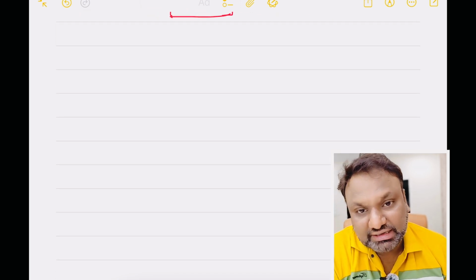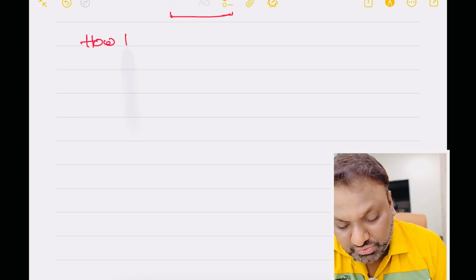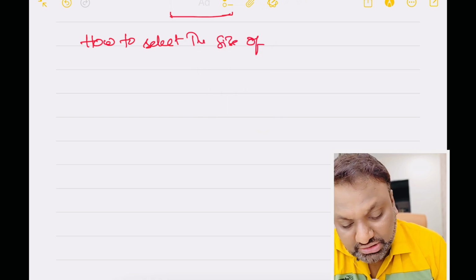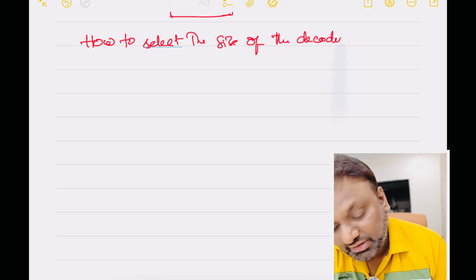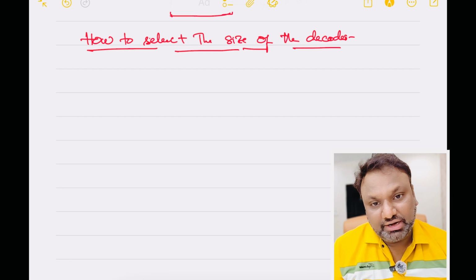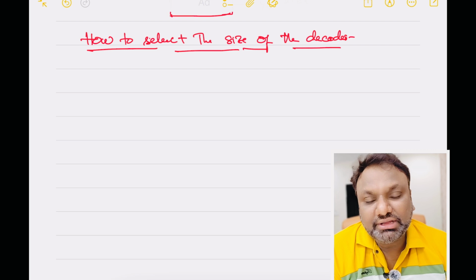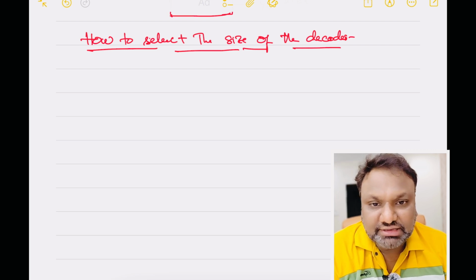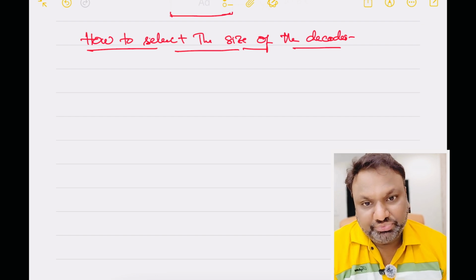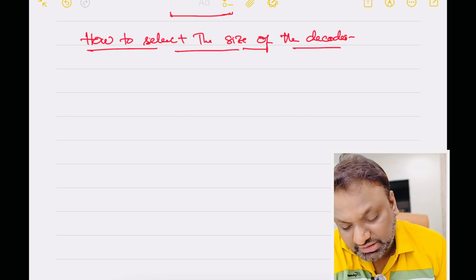Before going to that, how to select the size of the decoder? You see here, in multiplexer we had only one output, and depending on the number of selector lines, we selected the size of the multiplexer. Same here, if you have, let us say, 2 inputs, then you will be using a 2 to 4 decoder.